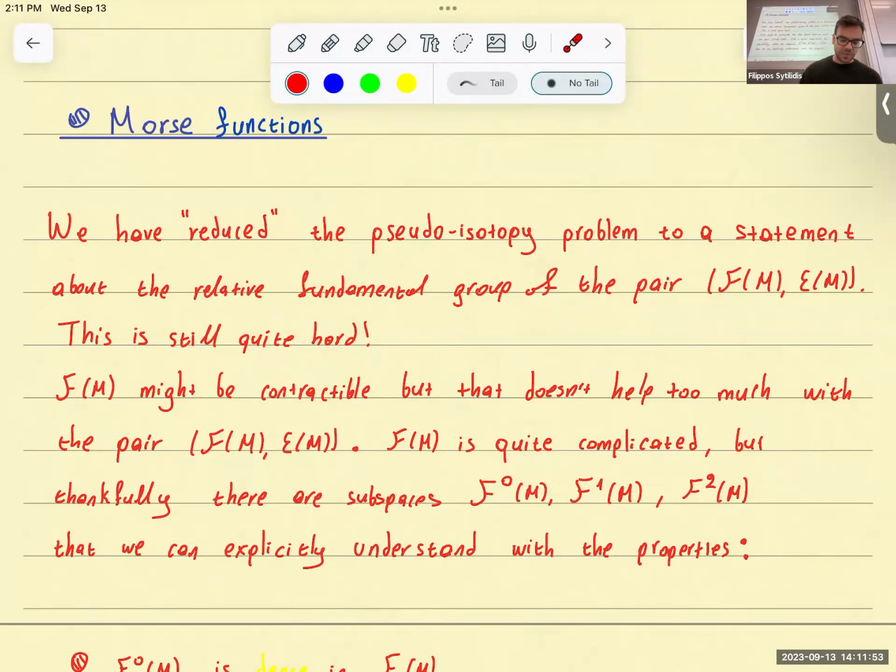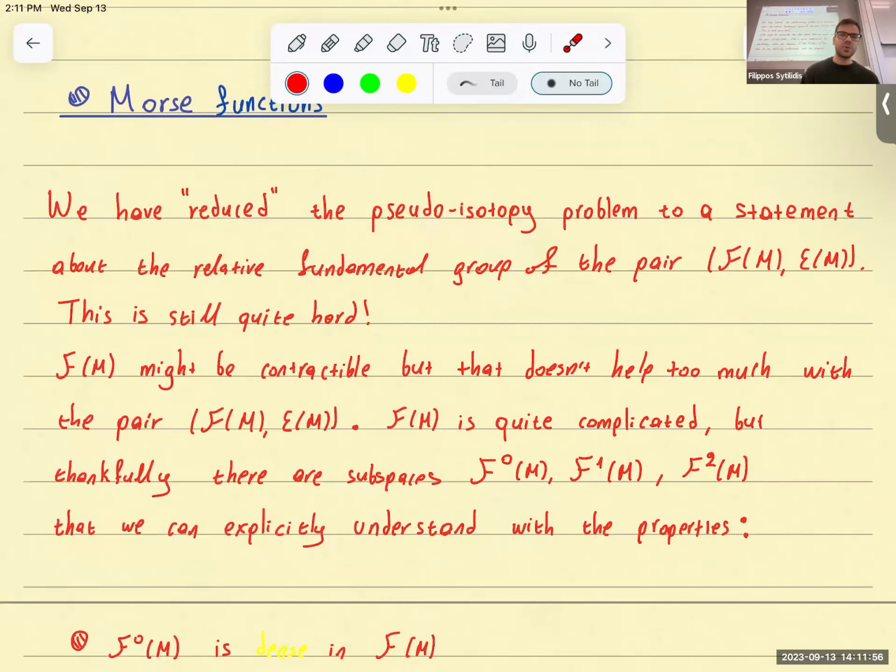I mean, we know that the space of all real valued functions on M cross I is contractible. So homotopy theoretically, it's maybe not the most interesting space, but it is quite a complicated space if you want to understand it concretely. There are lots of singularities that can show up, which are not easy to get your hands on.